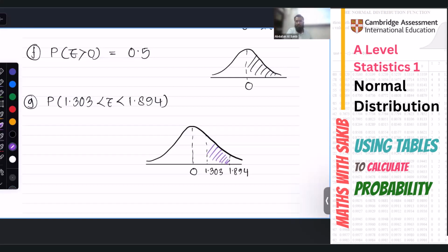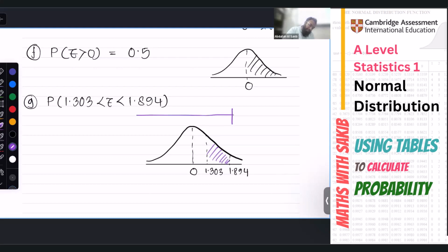If I ask Numair, how to calculate this area? Find the values of 1.303 and 1.894, and then subtract them. Yes, okay. We can find it like this.